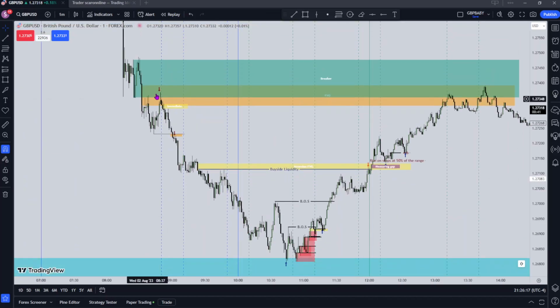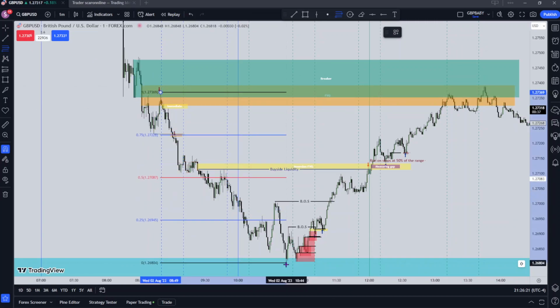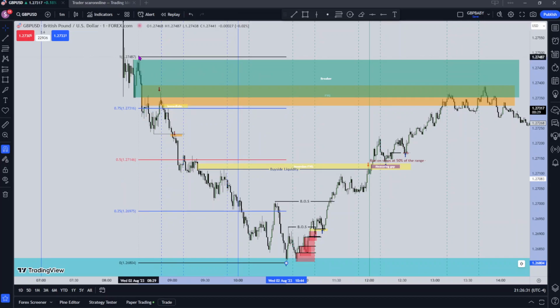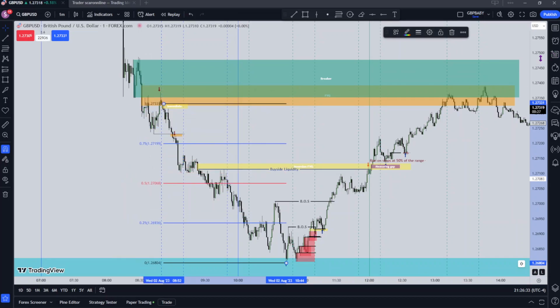What's our anticipated range? Well, this is the high I was anticipating price to trade to, so I need to draw out the range, and I want to mark out the 50% level. I mean, should it be this? I don't know if I should. Basically, I don't know if I should use this high or this high.